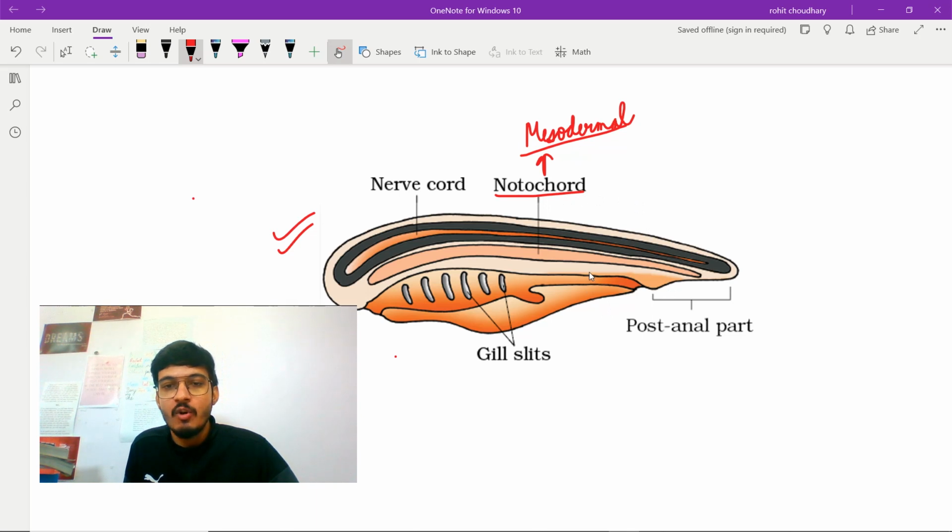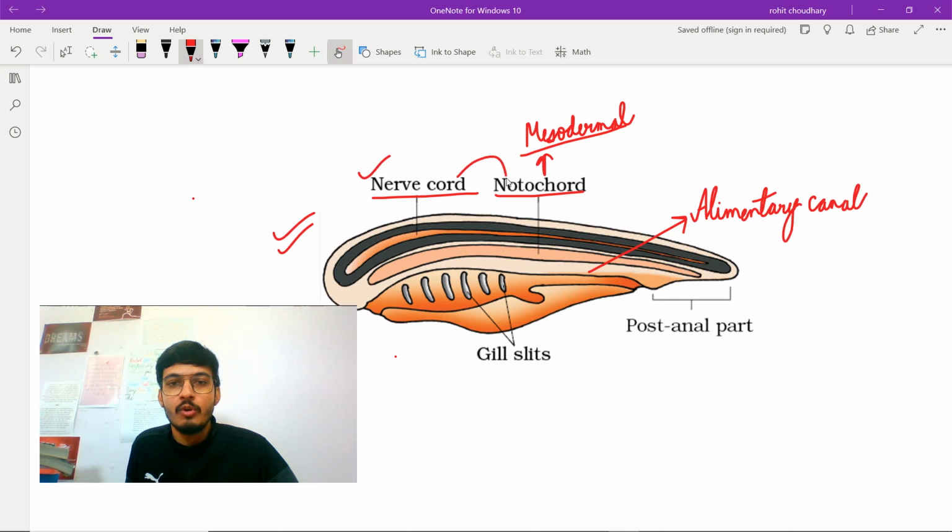The alimentary canal is not labeled here, so first of all we should label that. This is the alimentary canal. As we can see, this is the nerve cord, and below this nerve cord the notochord is present, and below this notochord the alimentary canal is present.